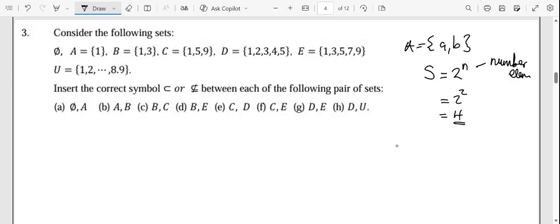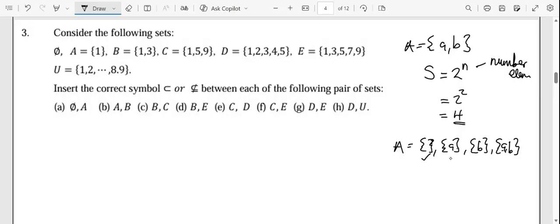So the first subset of a set is an empty set. The second is you put this element, which is A, alone. The third one is B, alone. The fourth one is A and B. You have seen? A and B same as B and A. You have seen?